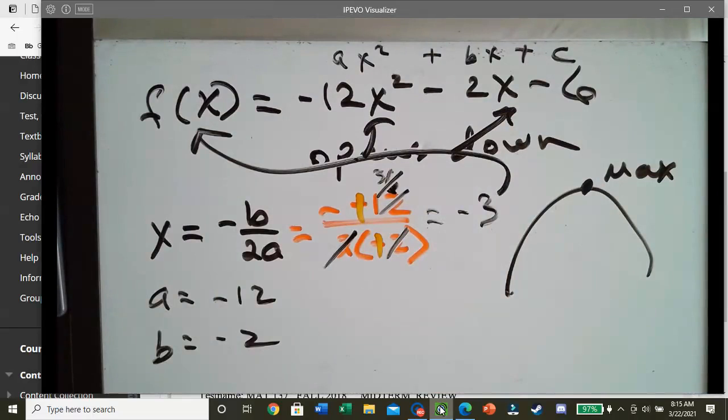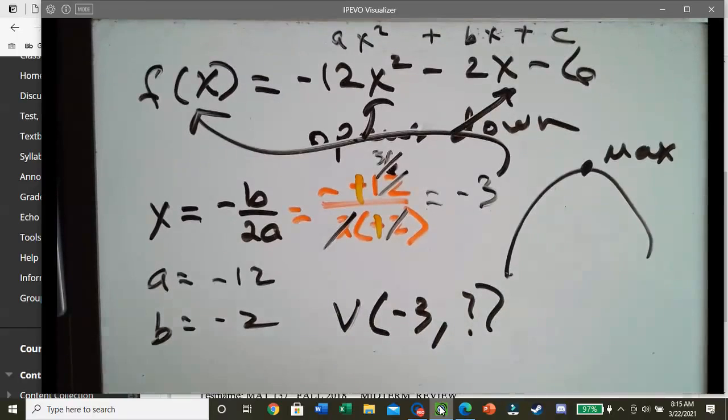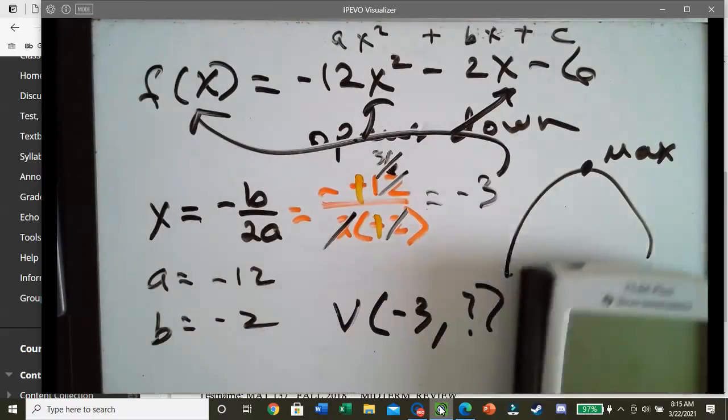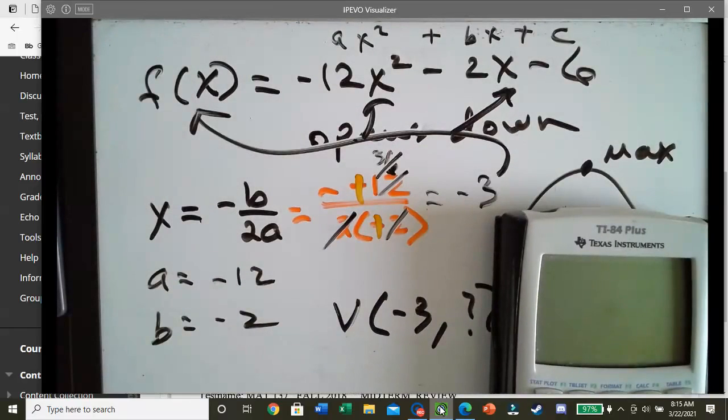You plug it back in, right? So our vertex x-coordinate is negative 3, but we don't know what the y-coordinate is yet. So we plug it in.